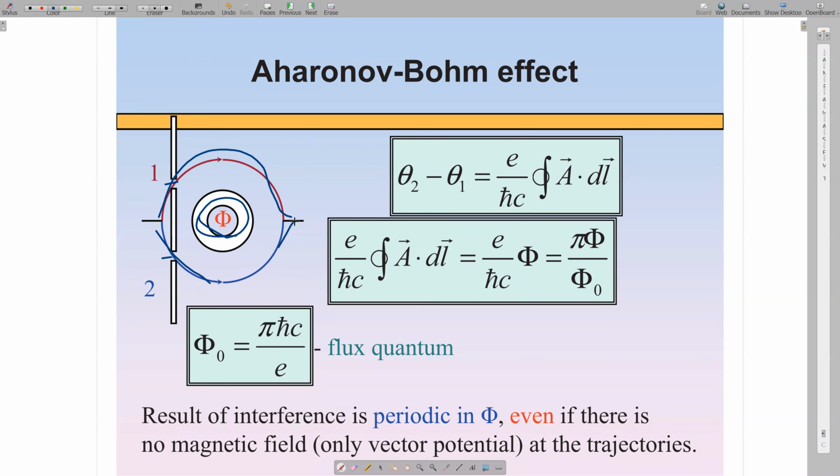These two trajectories interfere, and what is the difference of phase shifts which enters the probability? It's a difference of phase shifts accumulated here and here, and it is actually the phase accumulated along the trajectory which just makes a round about the coil.